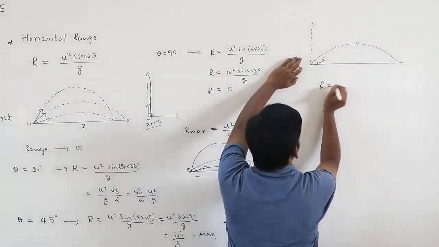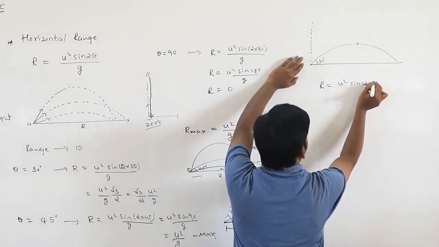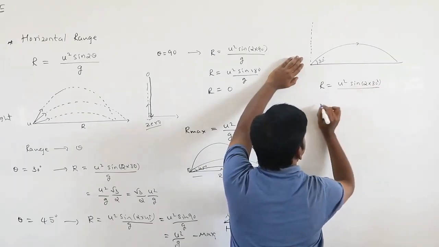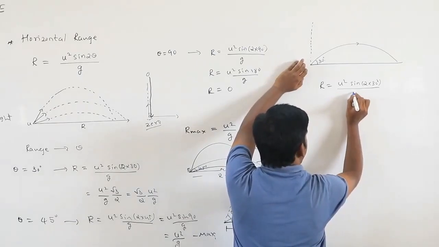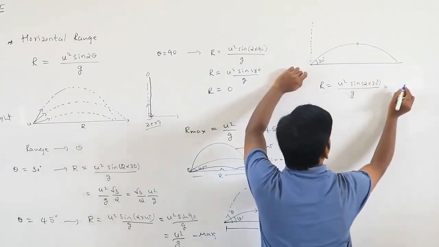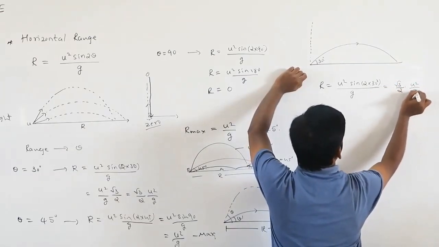Horizontal range is equal to u square sine 2 into 30 divided by g. So 2 into 30 means sine 60. Sine 60 is root 3 by 2, so u square by g times root 3 by 2.